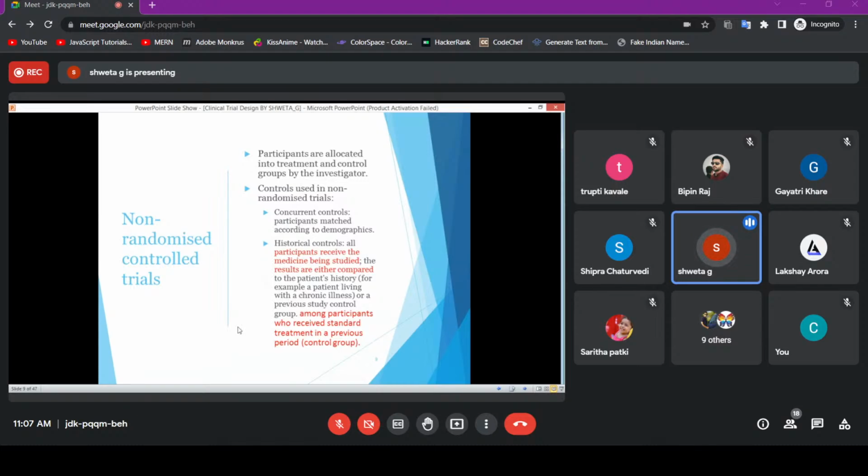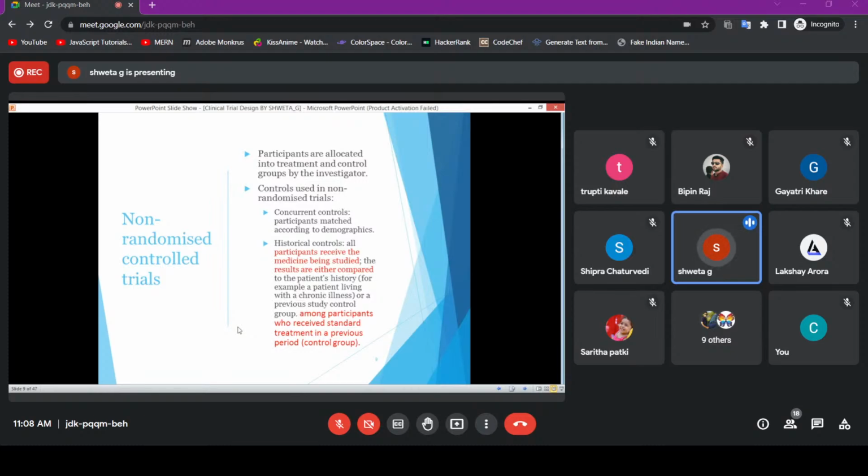Then comes the historical control. What do you understand by that? One group is getting the test drug, and the control group is the group who had received the standard care in a previous period.